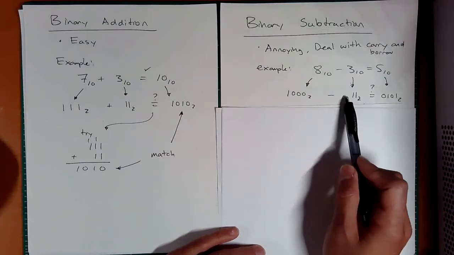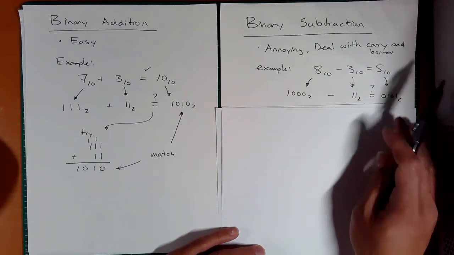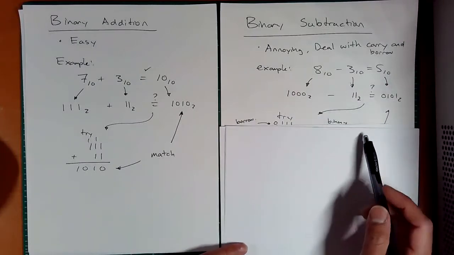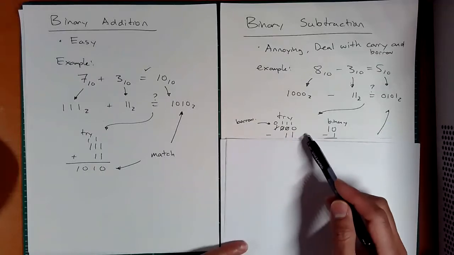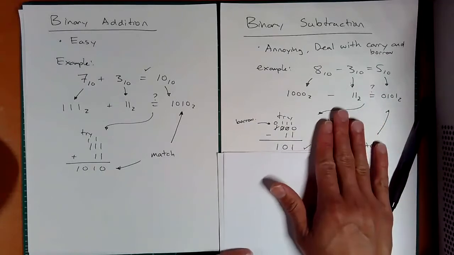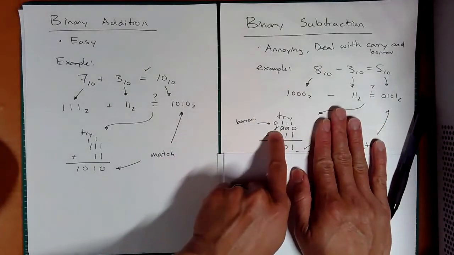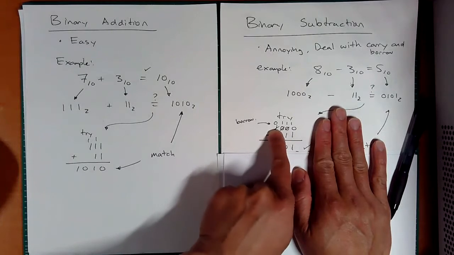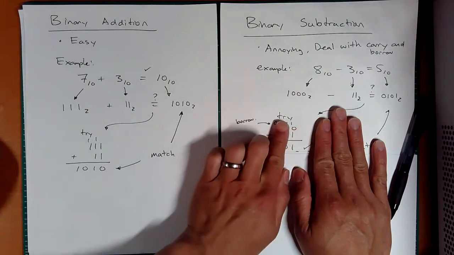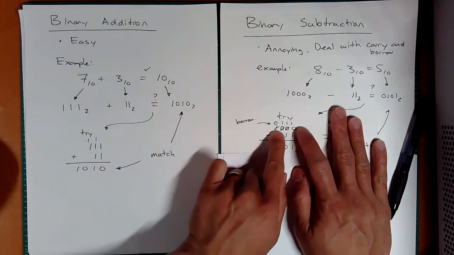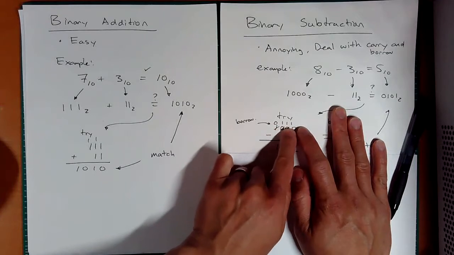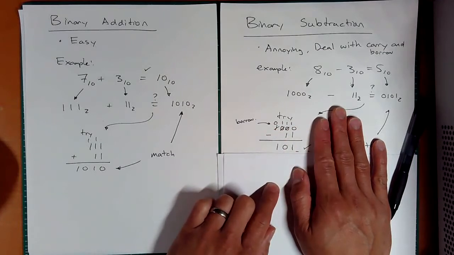So we're going to take 1,000 minus 1, 1, right? So let's see what we get. We see all the zeros, right? So we gotta borrow, right? And so what do we have? This 1 goes over here, right? And you're like, oh, that's so annoying.